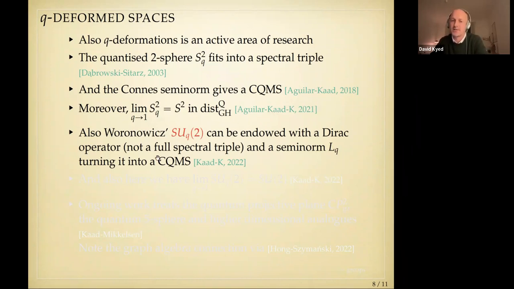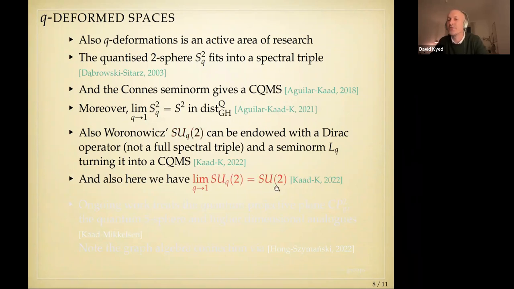You can get compact quantum metric structures on SUQ2, and not too surprisingly, but requiring quite a bit of work, you will get that the SUQ2s will converge to the classical SU2 with its round 3-sphere metric, well, adjusted by a factor of 2, but essentially the round metric.